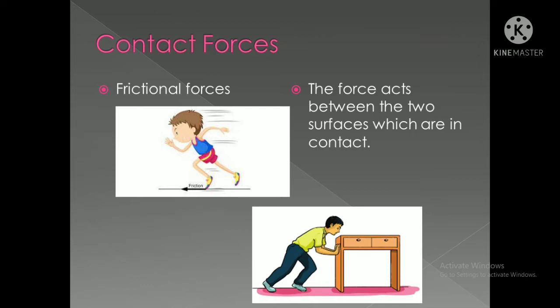So the soles of his shoes will be in friction with the road or the path where he is running. And next is the force between the surfaces: the boy is pushing the table from one place to another. So there will be friction between the table and the floor. So these are frictional forces.